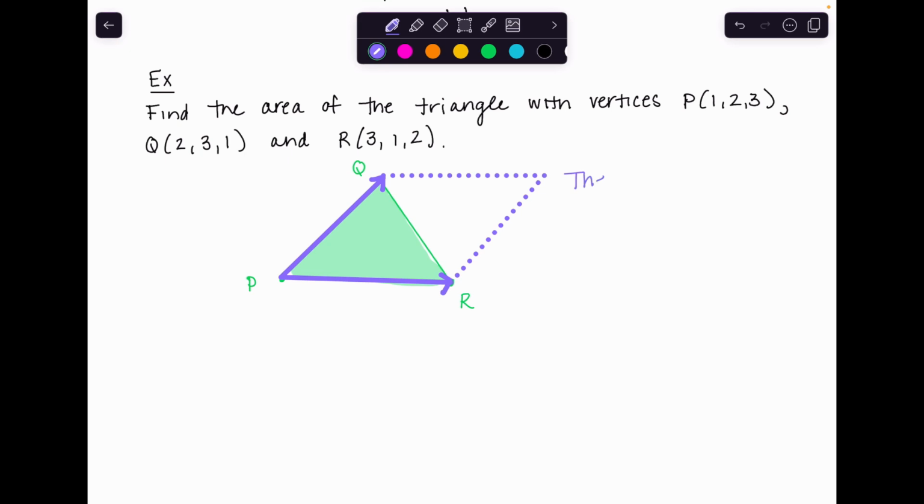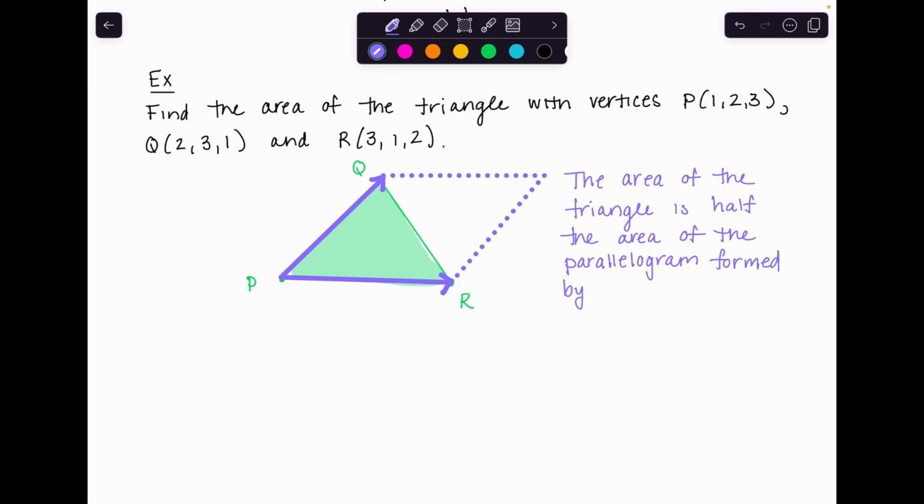So the area of the triangle is half the area of the parallelogram formed by the vectors PQ and PR.